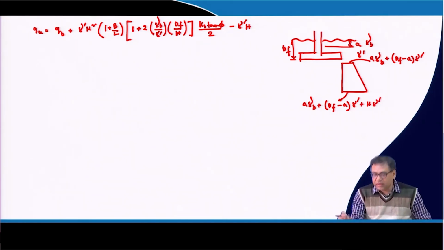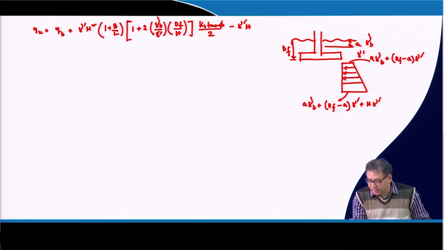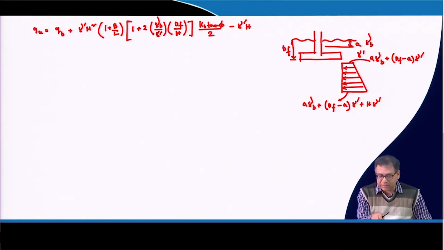So, then you determine this trapezoidal area and then multiply with half into H, then you will get the force, because you have to multiply with the K, because that K part is already incorporated in the equation.